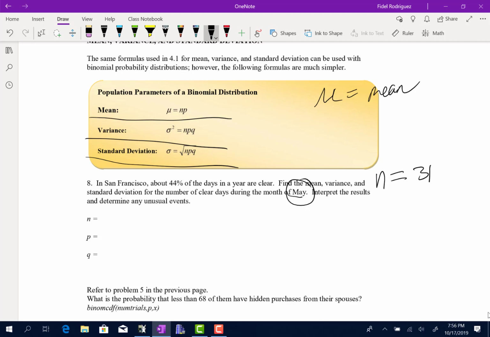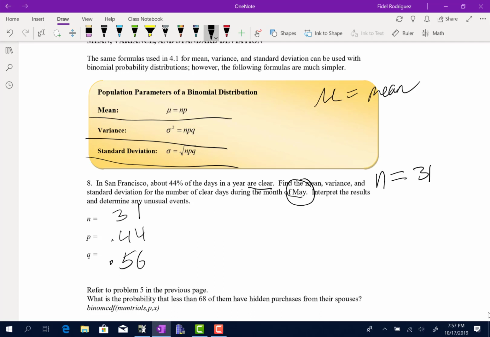Okay, so guys, right here we're going to put 31. p, the probability that we're going to have clear days, would be what number? 0.44. So what percent of the days would not be clear? Think about it this way, 56, right?